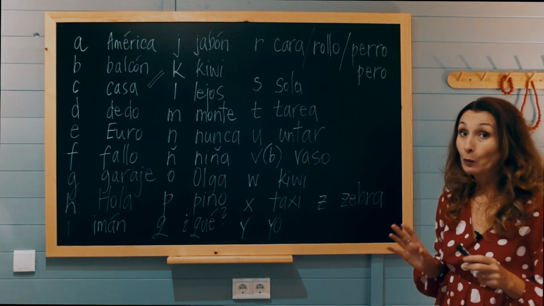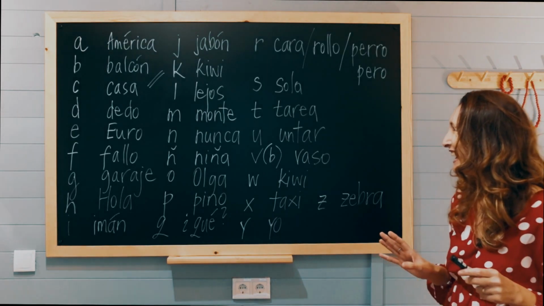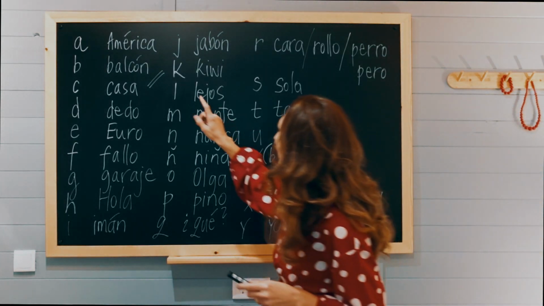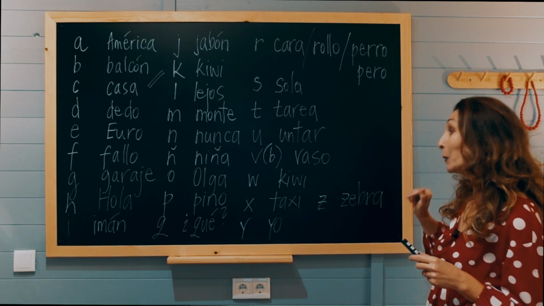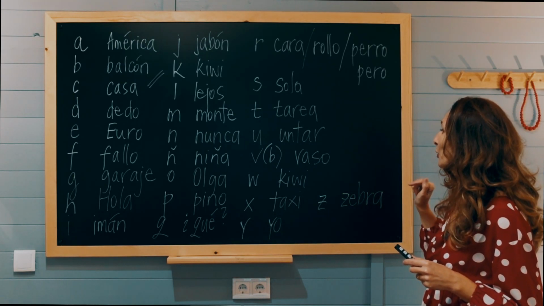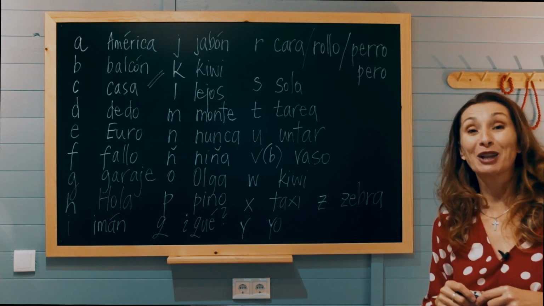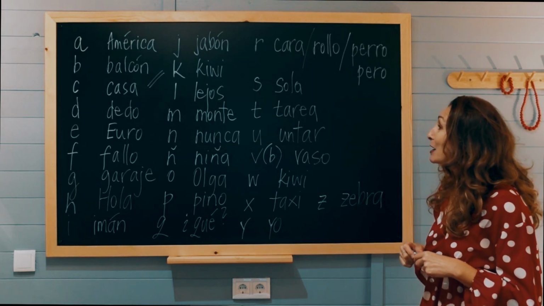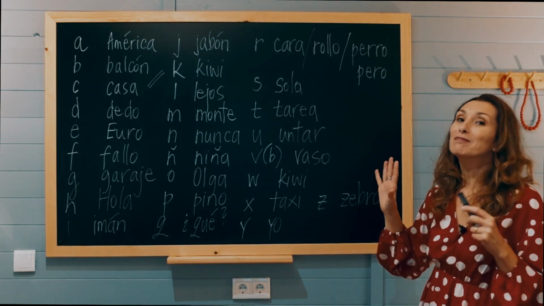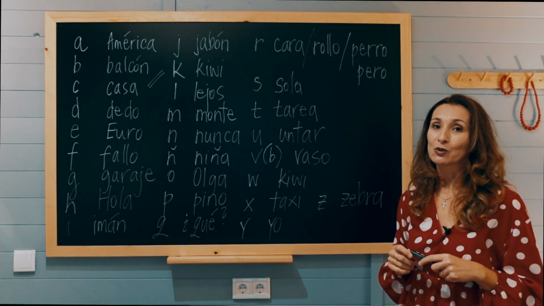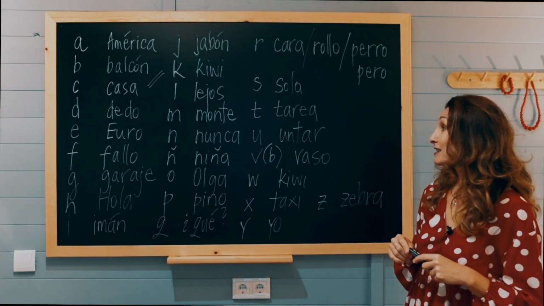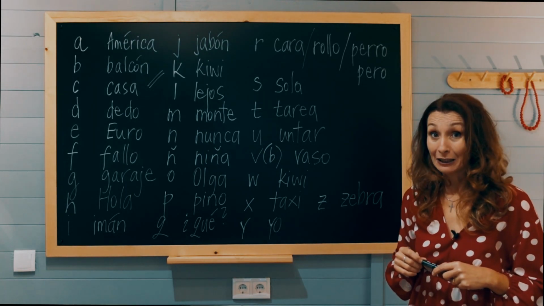Good. I hope I haven't forgotten any. Let me see. A, B, C, D, E, F, G, H, I, J, K, L, M, N, O, P, Q, R, S, T, U, V, W, X, Y, Z. Okay, good. I've got them all. As you can see, they pretty much correspond to the same sounds that these letters have in English, okay?